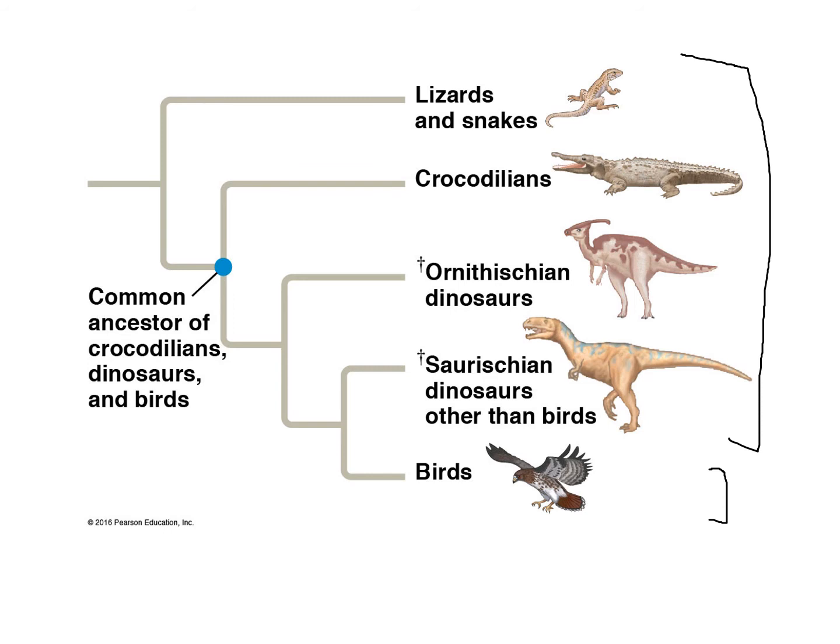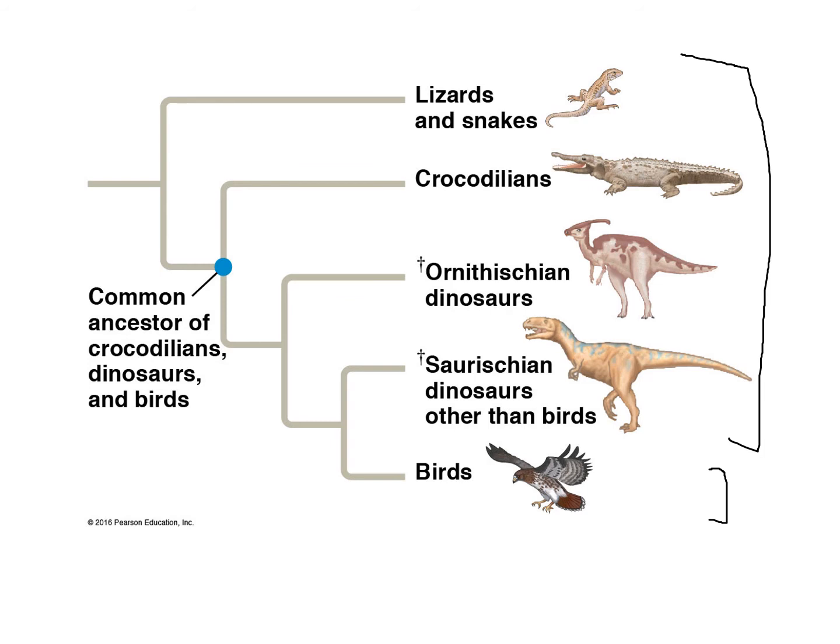The class Reptilia is paraphyletic. It fails to include all of the descendants of a common ancestor. Birds are clearly descended from Saurischian dinosaurs. So if a lizard is a reptile, so is a bird.